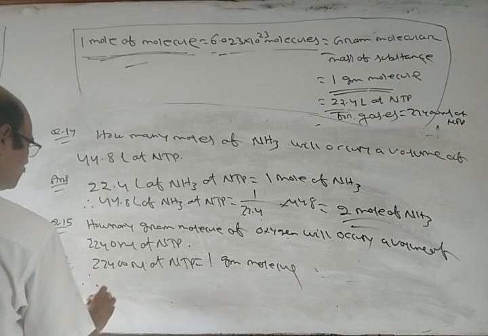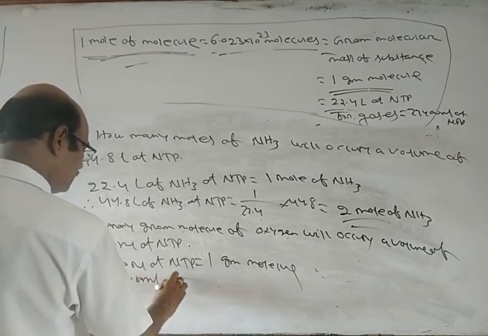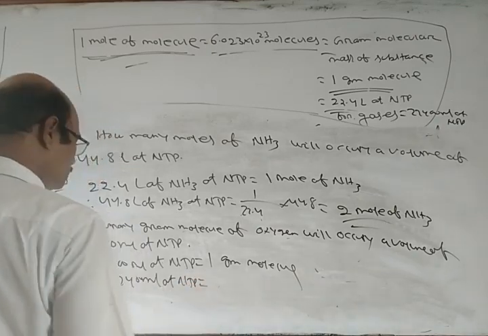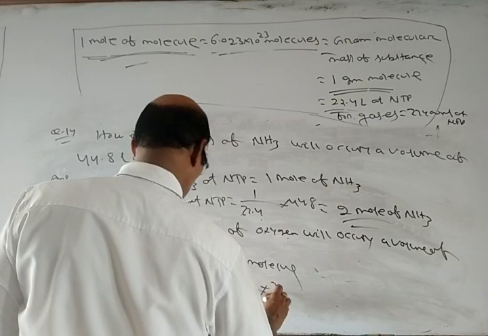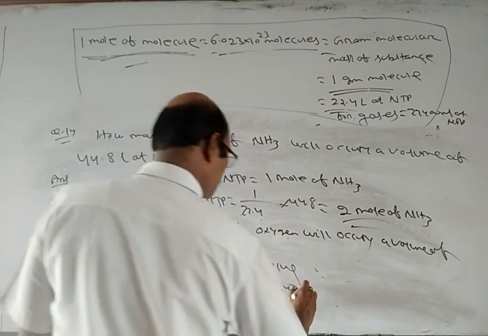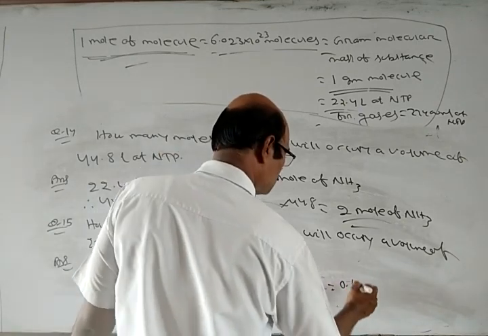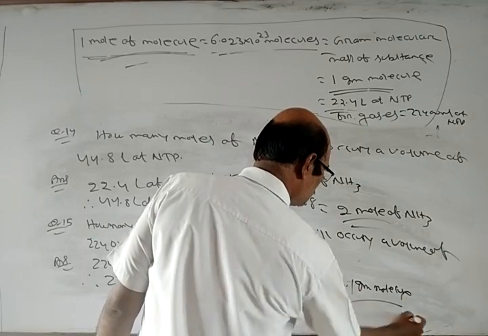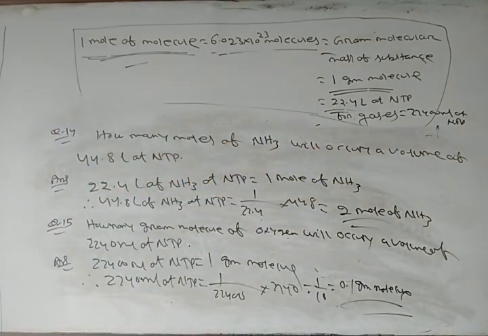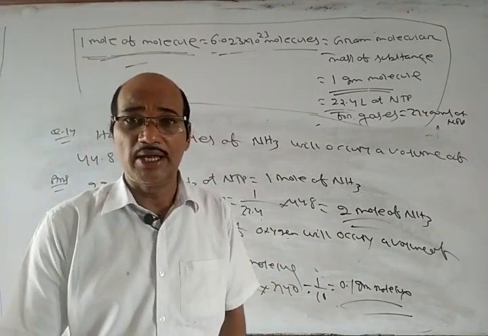Therefore 2240 ml at NTP is equal to what? 1 by 22400 into 2240 equal to 1 by 10, 0.1 gram molecule. So 0.1 gram molecule of oxygen will occupy volume of 2240 ml at NTP.